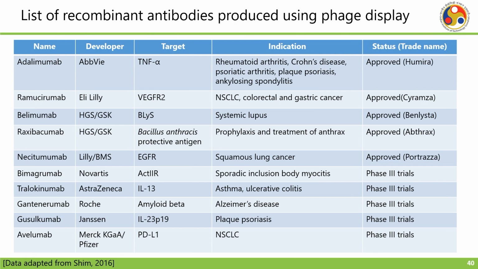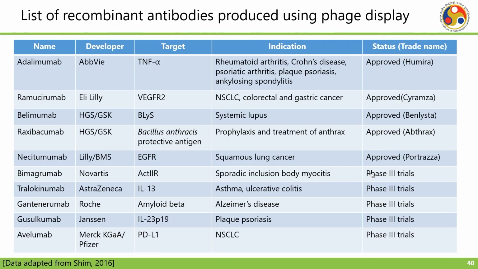So, in the first column you can see the name, for example, adalimumab, and then in the second column you have the company or the developer, this is CAT, and then you get the target, this is TNF alpha, and the indication against which it is useful, like rheumatoid arthritis, Crohn's disease, psoriatic arthritis, plaque psoriasis, and so on, and the status or the trade name, this is approved as Humira.